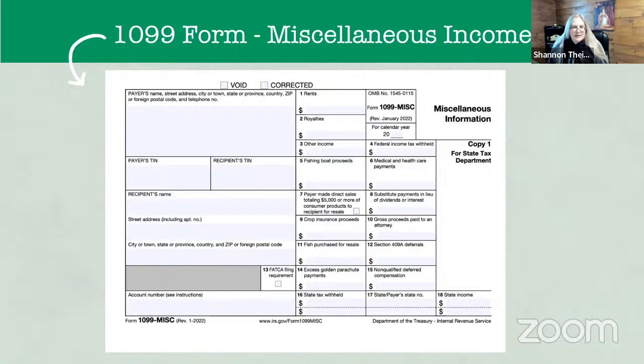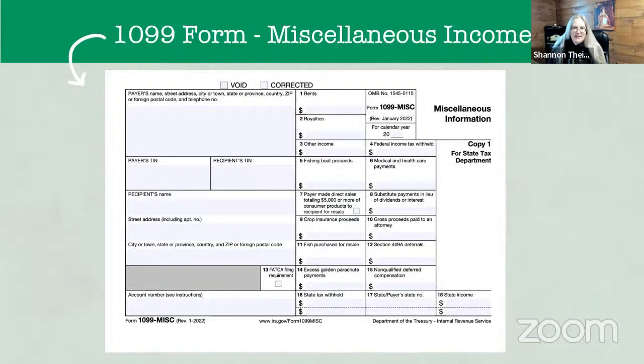12 is section 409A deferrals. 14, excessive golden parachute payments, which are payments in excess of, I think it's $1 million. I'm not positive. I know this when I actually read the instructions online. And that goes in box 14.